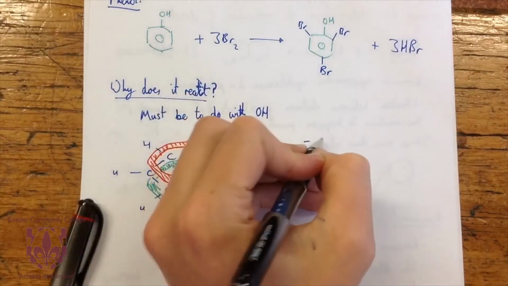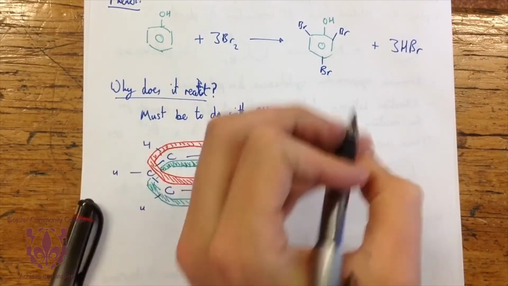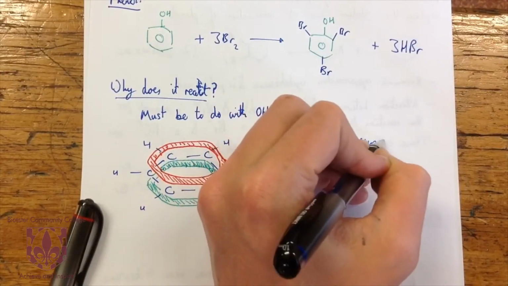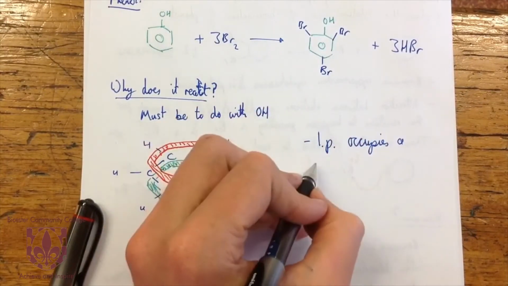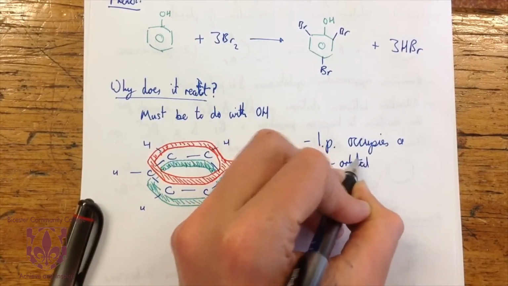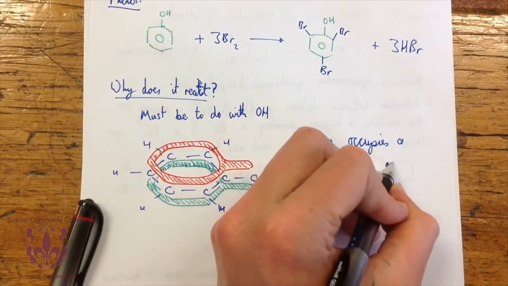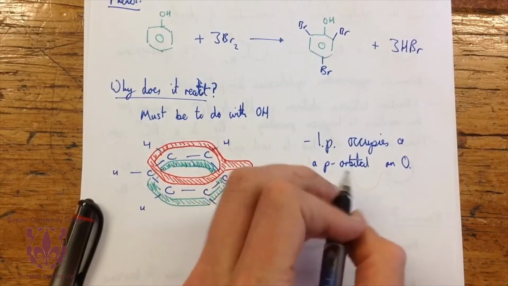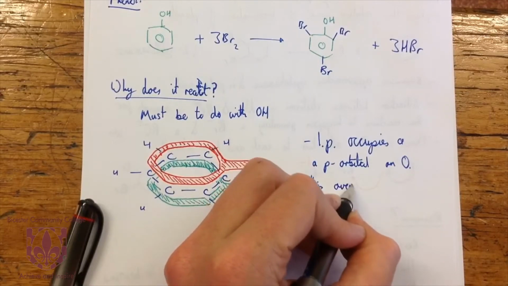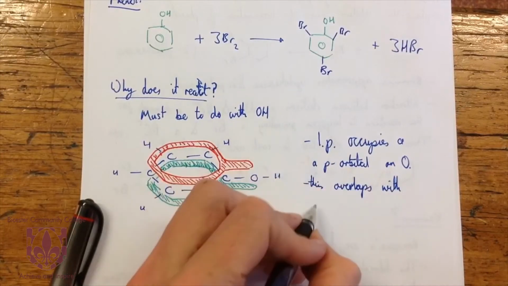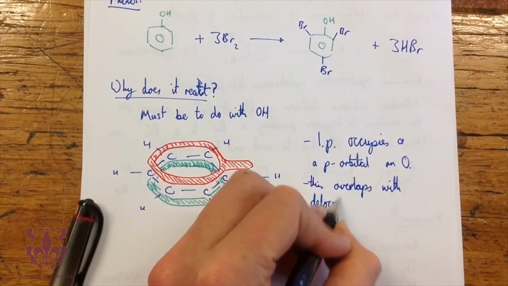Okay, so what can we say? Lone pair, LP, occupies a p orbital on oxygen. This overlaps with the delocalized ring.